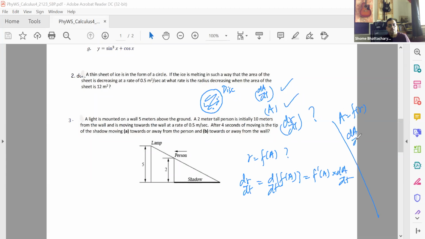So dA by dt is the derivative of that function into dr by dt. So this is the unknown quantity, this is the known quantity. This also we'll have to substitute. Now I'll tell you why the first approach is easier. When we do it by the first approach, you will see it's going to be faster in number of steps compared to the second one.